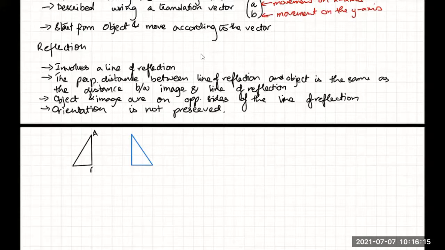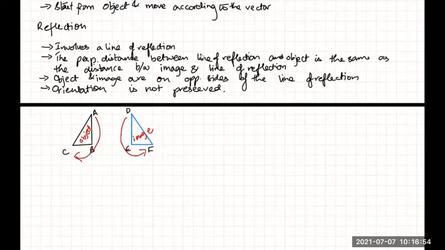Let's label this A, B, C. If this is A, B, C, then this must be D, E, F. Now, whenever you're trying to figure out if it's a reflection or not, you will see that on the object, you are circling like this, A, B, C. And on the image, then you're circling like that. This is important for a question later on, which is why I'm explaining to you right now. So the orientation has changed. You were going left and now you're going right in order to complete the letters of the shape. Okay, that's what I mean by orientation.